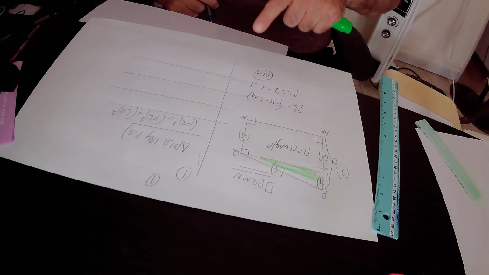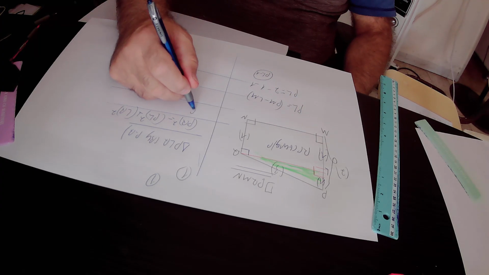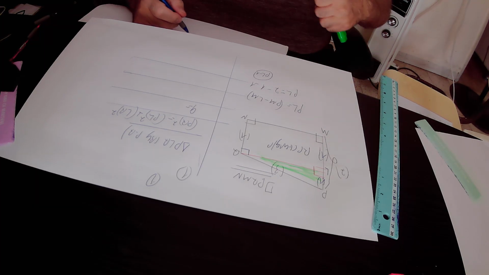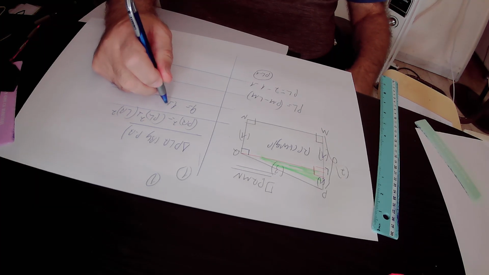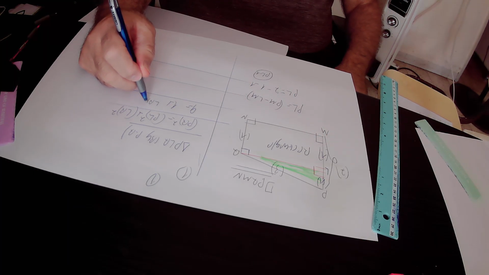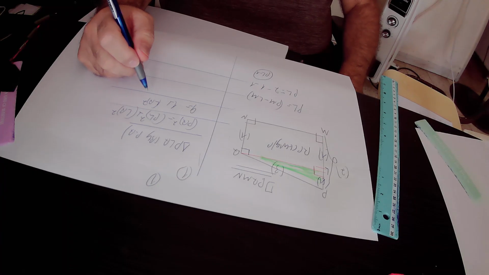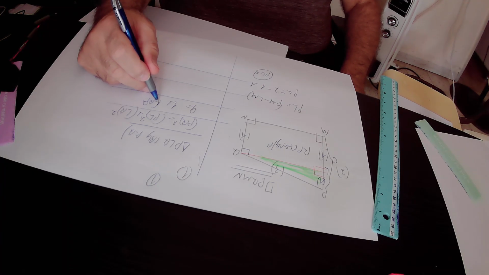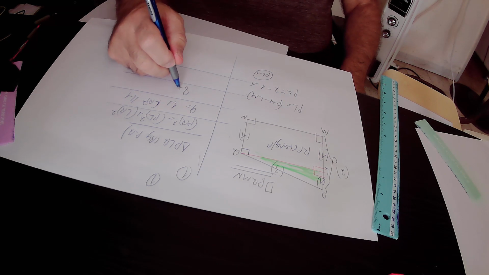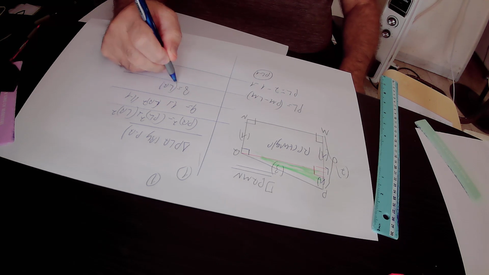PQ is 3, therefore PQ squared is 3 squared, that is 9, and it equals PL squared. PL is 1, therefore PL squared is 1 squared, that is 1, plus LQ squared. LQ is the missing side. So in total, we found that 9 equals 1 plus LQ squared. Here we subtract 1 from the equation, and get that 9 minus 1 is 8 equals LQ squared.